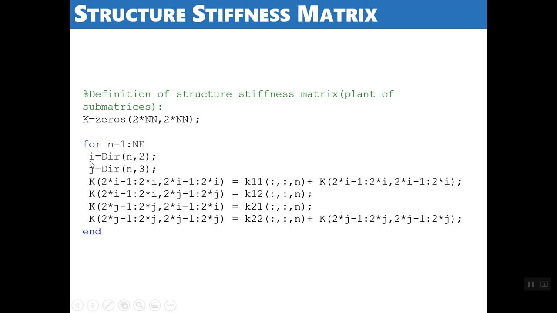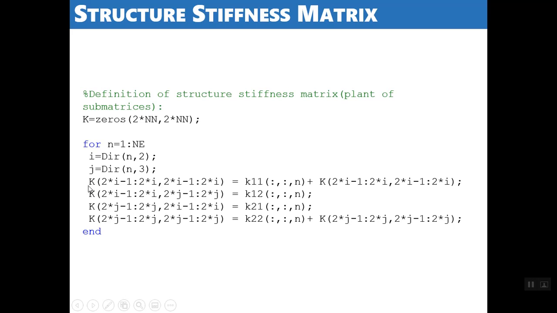Now, for each of the elements, we have to first of all know i and j, which is equal to the starting node and ending node of the element. Instead of using dir(n,2) and dir(n,3), I have stored them in other variables called i and j to make the code look less cluttered and less difficult.